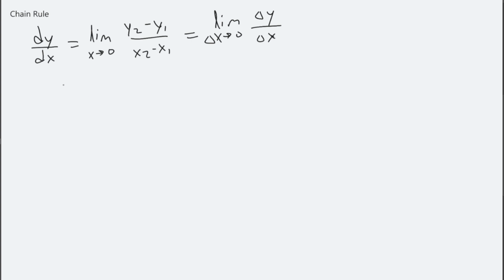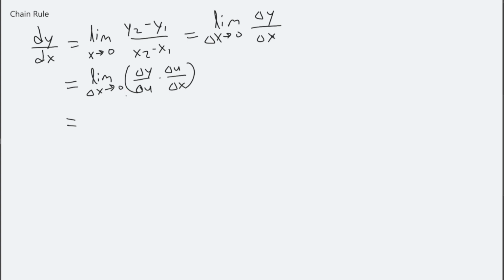You can rewrite this as the limit as x approaches 0 of the difference of y divided by the difference of u multiplied by the difference in u over the difference in x. What we did here was multiply and divide by the difference in u, delta u, which should not make any difference to the overall answer or the overall limit.